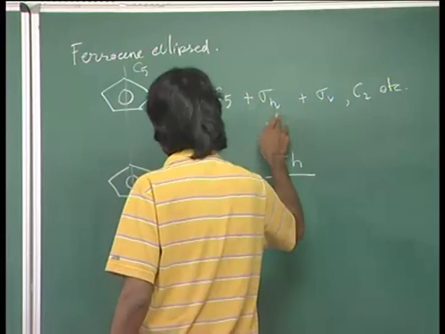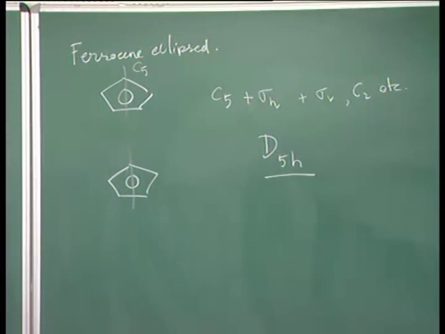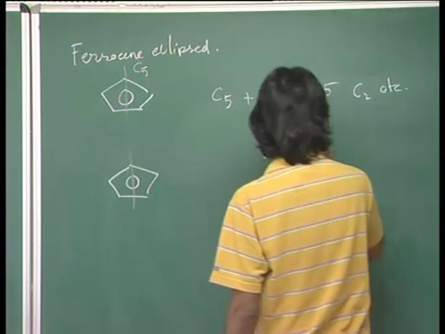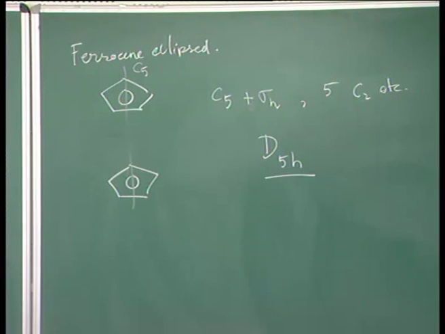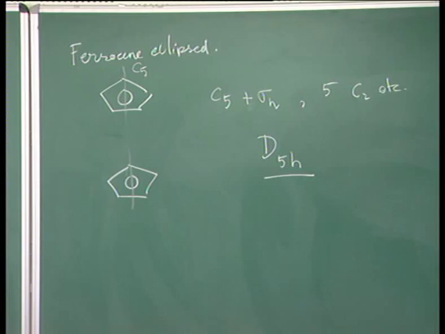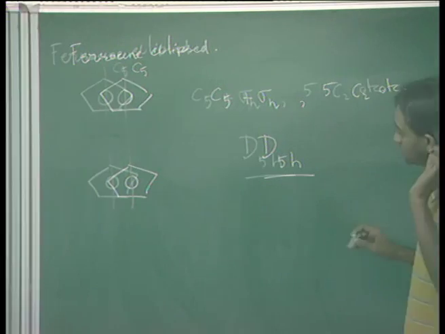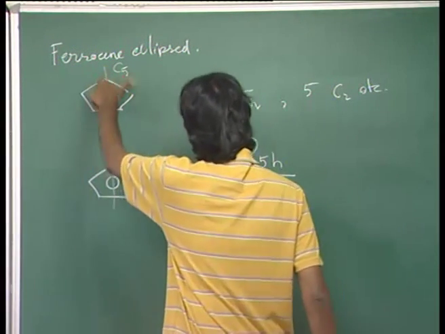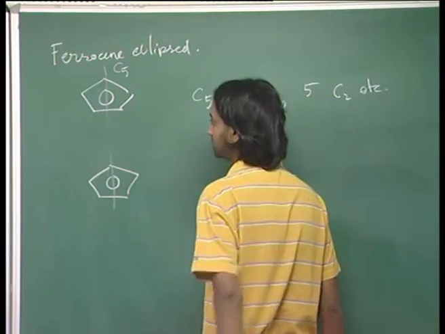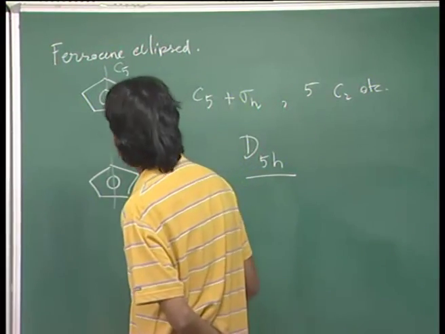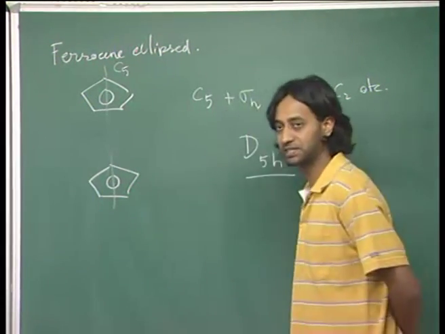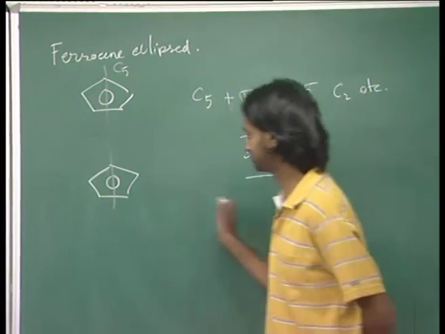The presence of sigma h tells you that it is D5h: C5, 5 C2 and sigma h. So this is D5h. So what we have seen is that just the same molecule, with slightly different conformations, belongs to completely different symmetry groups.